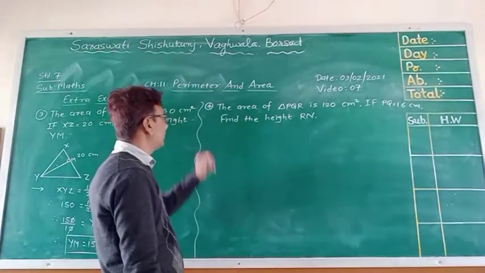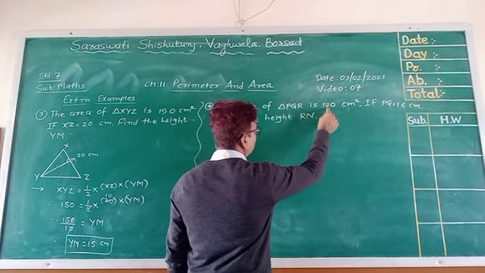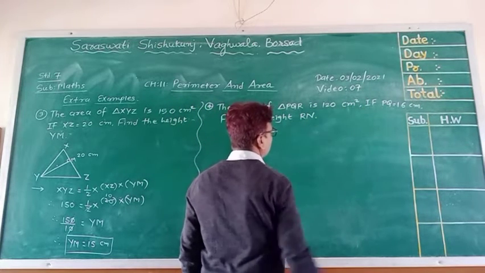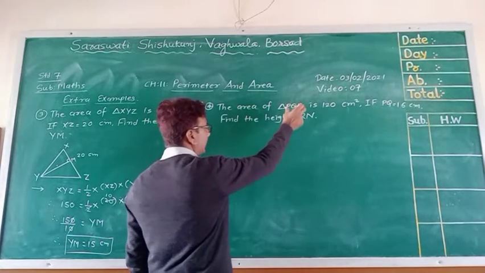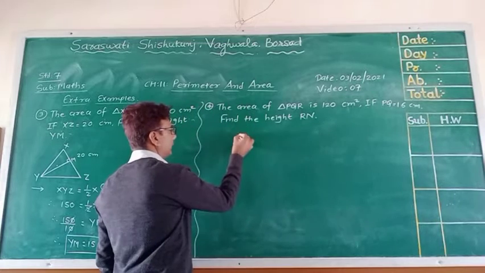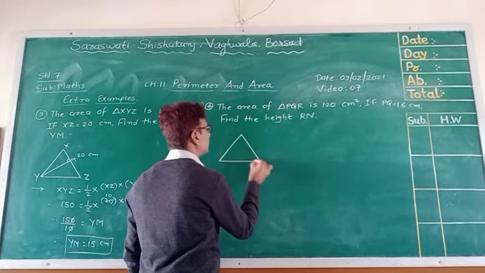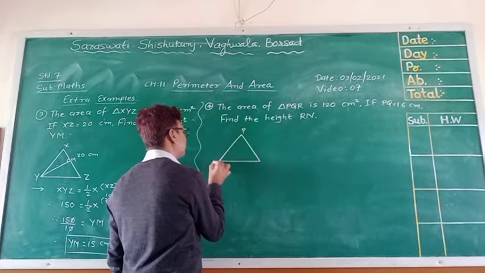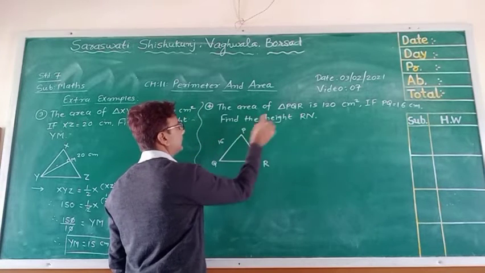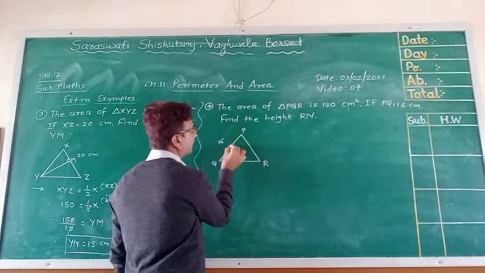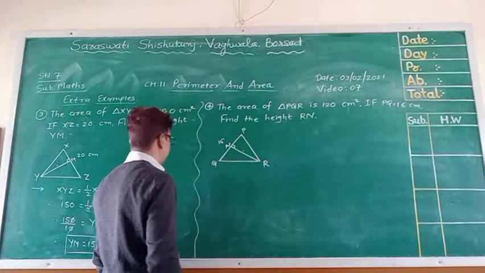Now in this fourth sum, the area of triangle PQR is 120 centimeters squared. If PQ equals 16 centimeters, find the height. In this case the area is already given, it is 120. PQ measurement is 16 centimeters. Find the height RM. This is the same calculation.